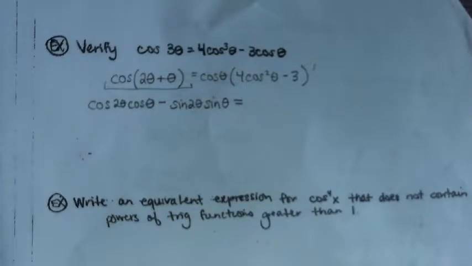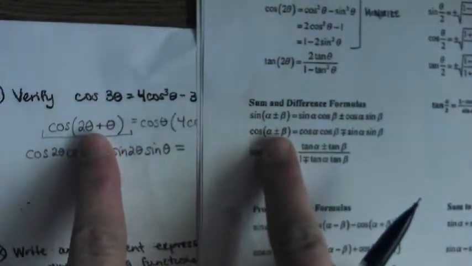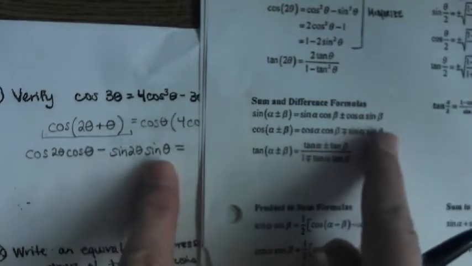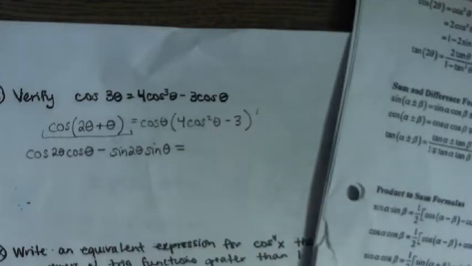Say it again. What do you mean? I just use the sum and difference formula. I just use this second sum formula to go here. I don't think I can do that on the other side. I'm not taking the cosine of a sum, right?